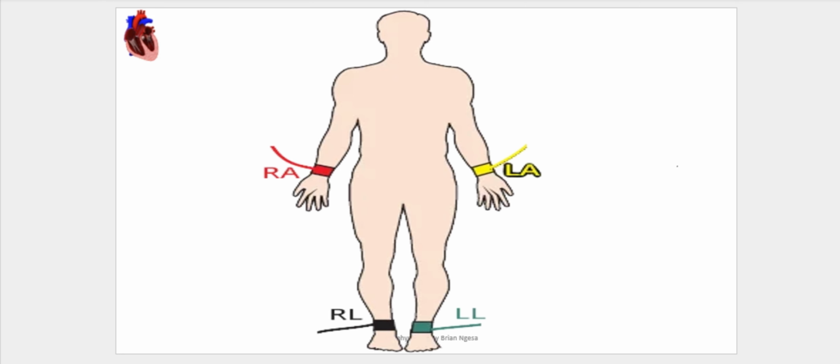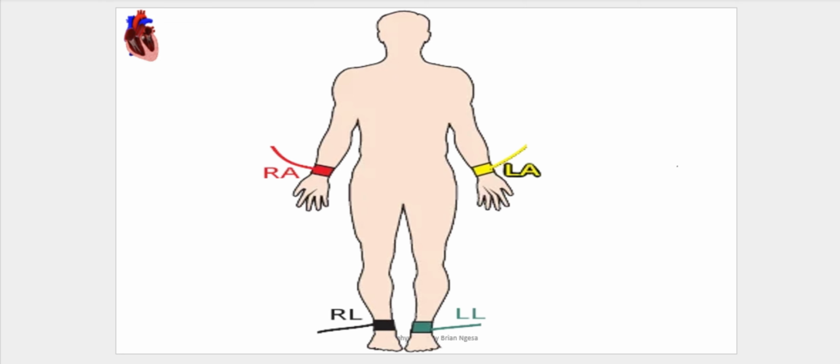While we were introducing, we acknowledged that we have three types of lead. We have the bipole leads, the augmented leads, and the unipole leads. The bipole leads are 3, the augmented leads are 3, the unipole leads are 6.